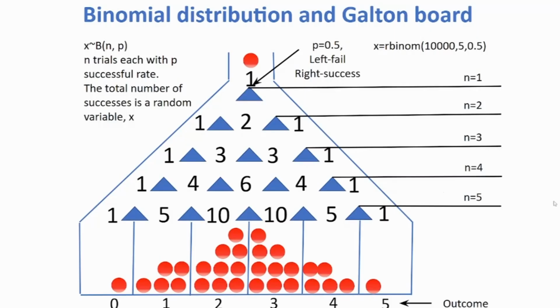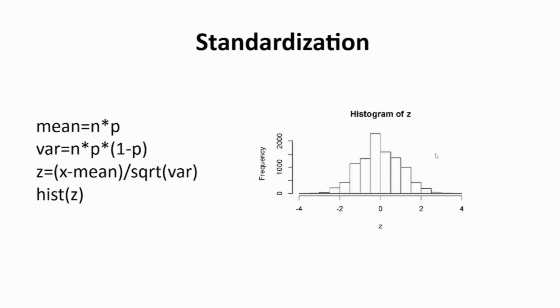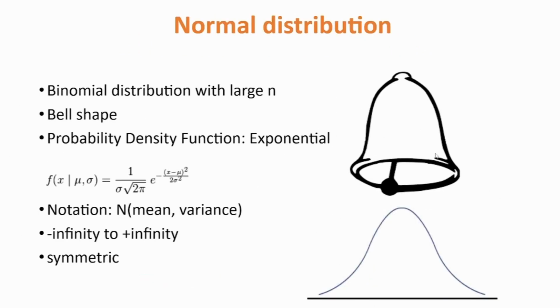Now I will show you the mathematical equation of a normal graph. This is a normal distribution. Just take a look, there is an exponential function here. This is called a bell shaped curve.